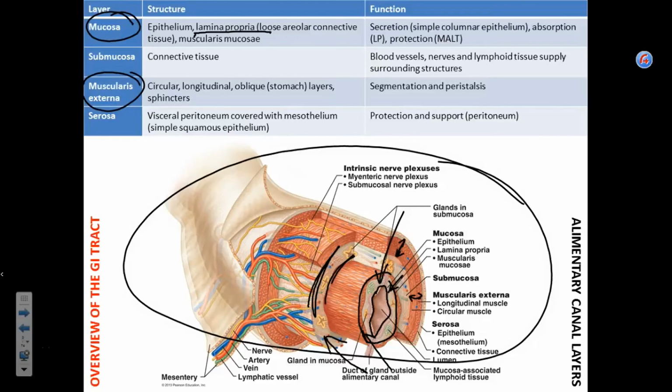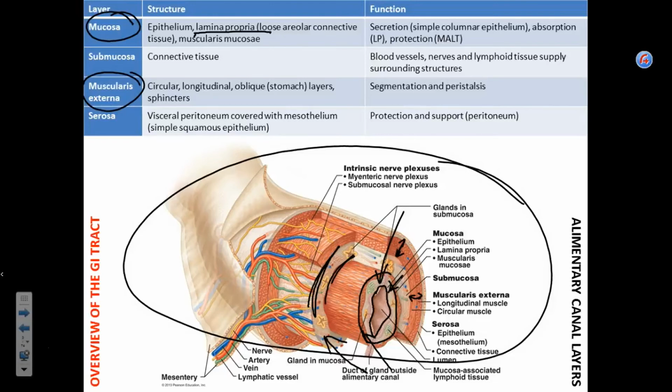The circular layer would wrap around the intestinal tube, while the longitudinal layer will go along. When the circular layer contracts, it will assist in peristalsis. Does that make sense? You see how peristalsis and of course segmentation will be able to break the bolus of food into pieces.